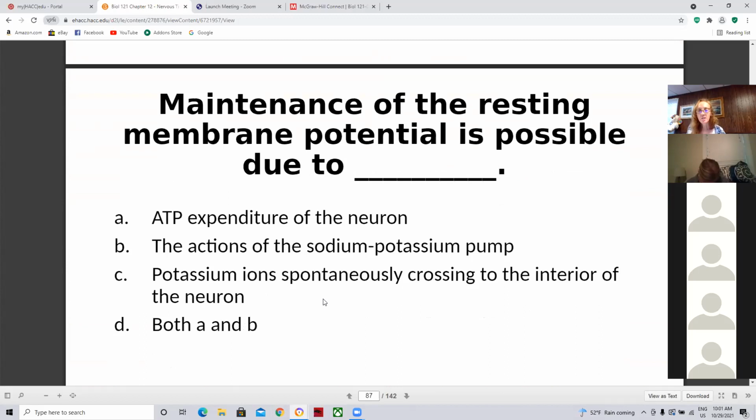So the maintenance of the resting membrane potential is possible due to what? Why do you say that?